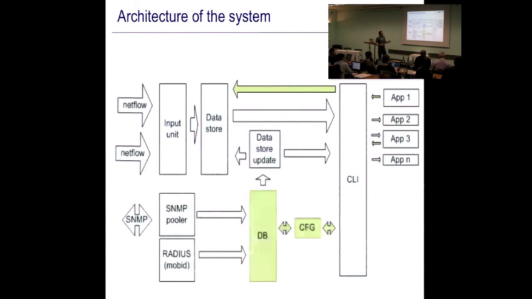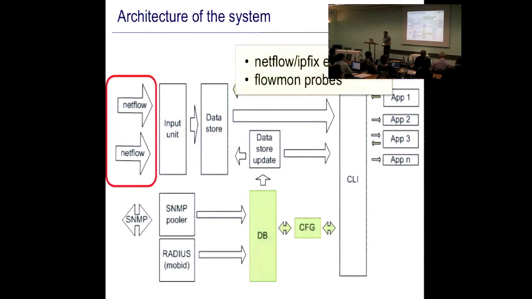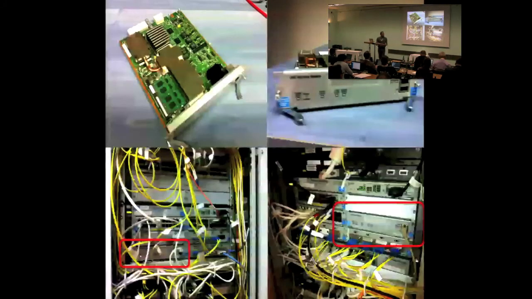We created an architecture of the system that could do all the things I talked about. It doesn't look nice like this, so we can divide it into several parts. The basic data source is NetFlow data taken from ordinary probes through NetFlow or IPFIX export. In our case, we use Flowmon probes in cooperation with Invea-Tech.